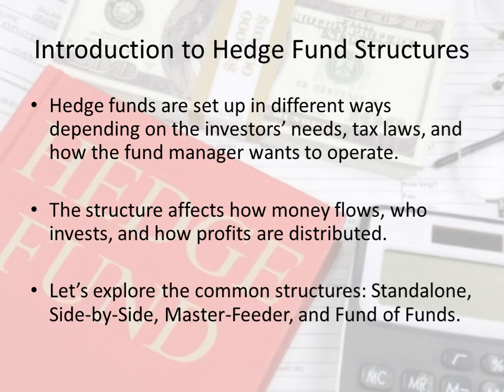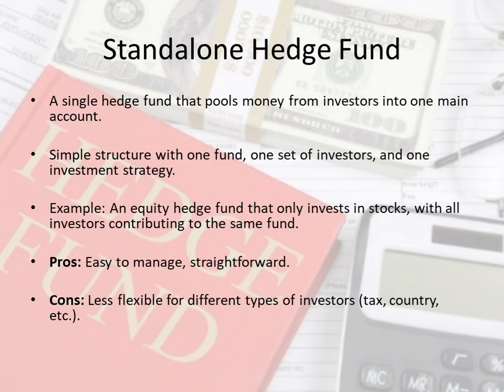So, let us begin with the very first structure of hedge fund, that is standalone hedge funds. This is the simplest form of hedge fund. Just imagine you and a group of friends decide to invest in the stock market.